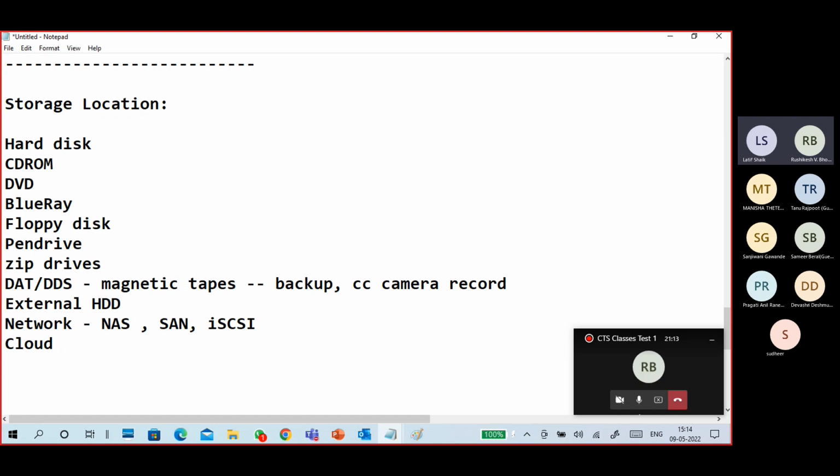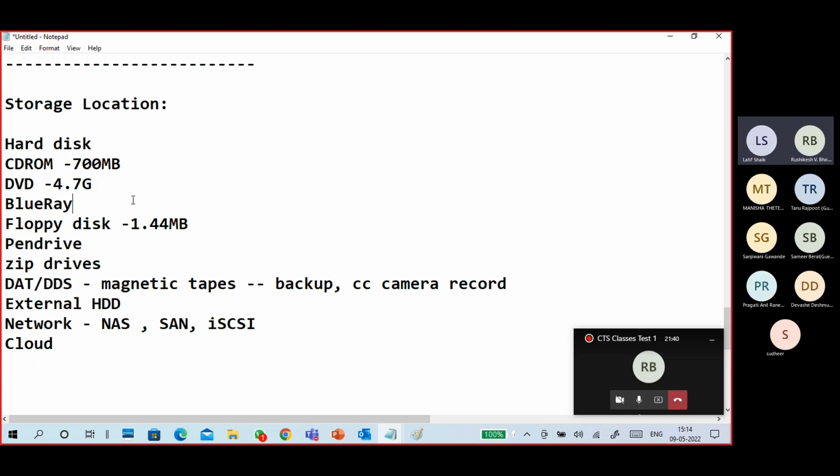Different devices have different sizes. For example, a floppy disk is 1.44 MB in size. A CD-ROM is 700 MB. A DVD is 4.7 GB.